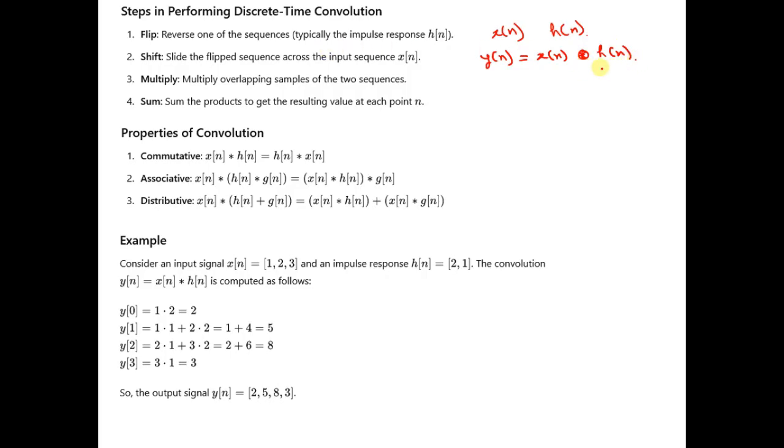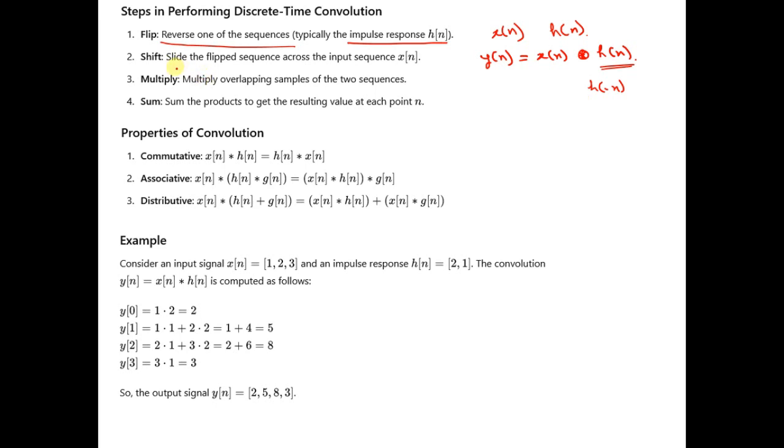The one which comes at a later stage is reversed, typically the impulse response. So reversing means we have to find h[minus n]. We already discussed how to reverse the signal, right?